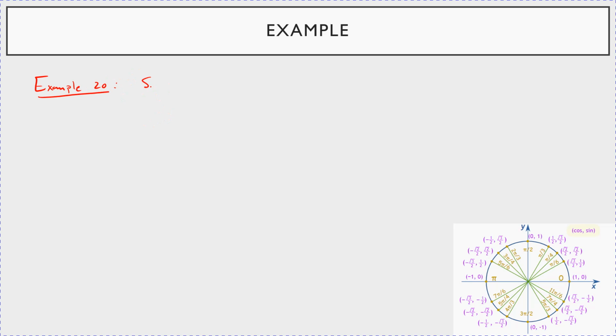Let's solve cosine of x is equal to minus 2 over 5, which just so we're clear is minus 0.4, on 0 to 2 pi. The first thing you're going to do is take the inverse again. So cosine inverse of cosine is just x.